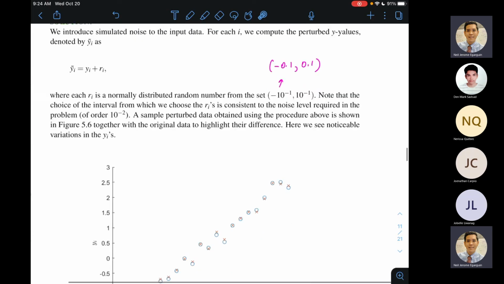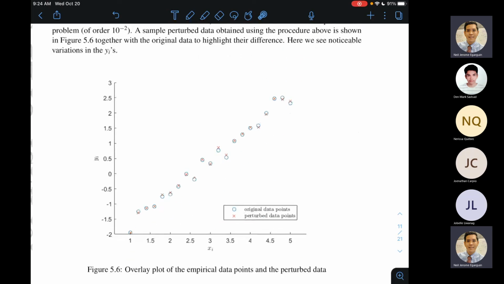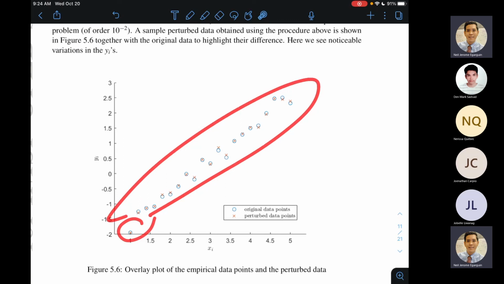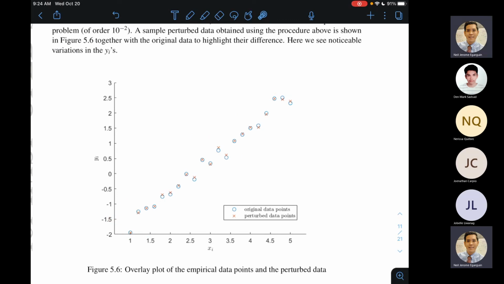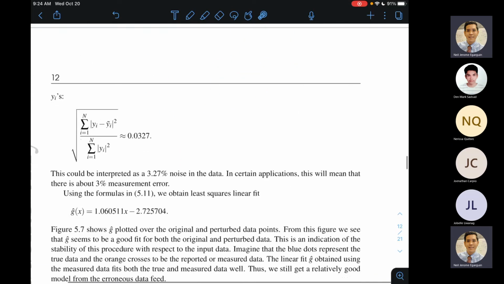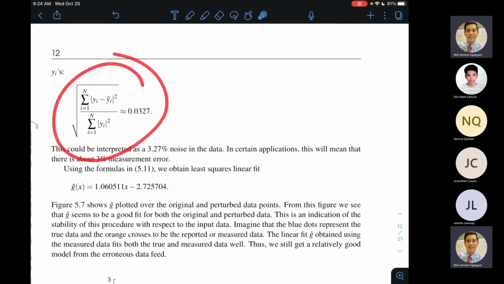And you see in the next figure, yung plot ng original sa perturbed data. And you will see na konti lang talaga yung ginalaw ng mga data points. Okay? And then kung gusto mong i-quantify gaano kalayo yung original data mula dun sa perturbed data, pwede mong computein ito. Ito ay sum ng mga errors squared between the given data and the perturbed data.